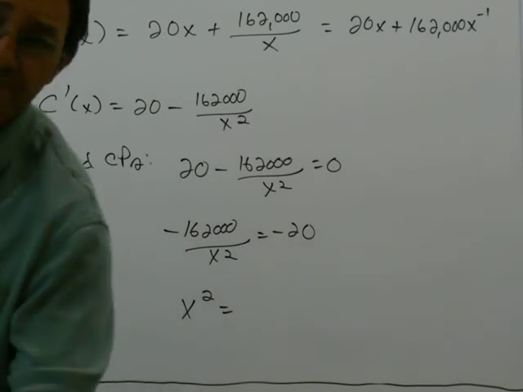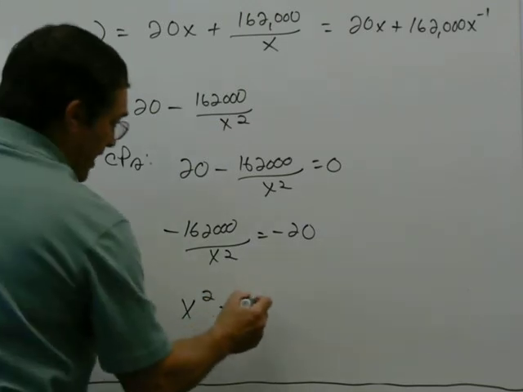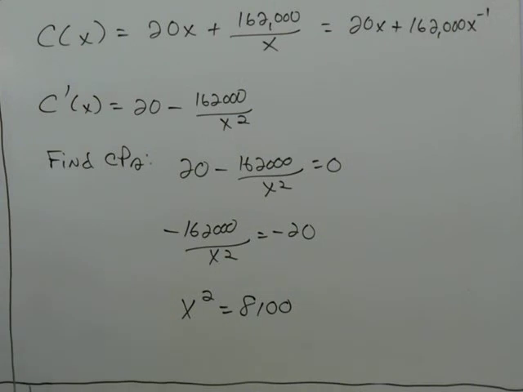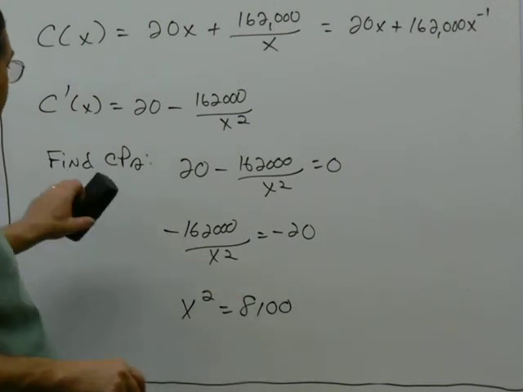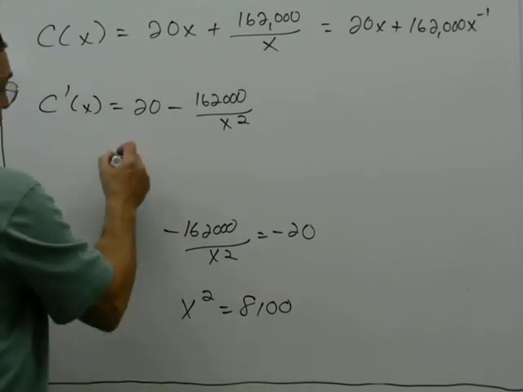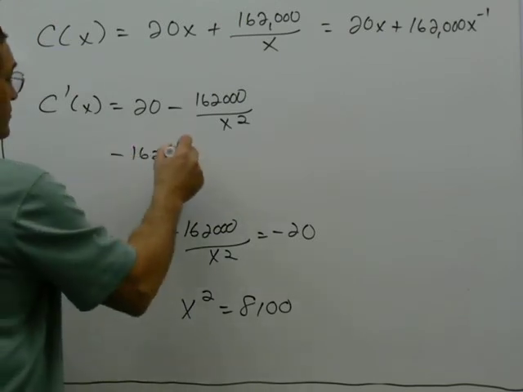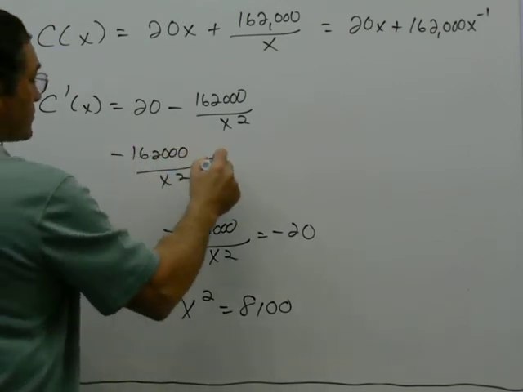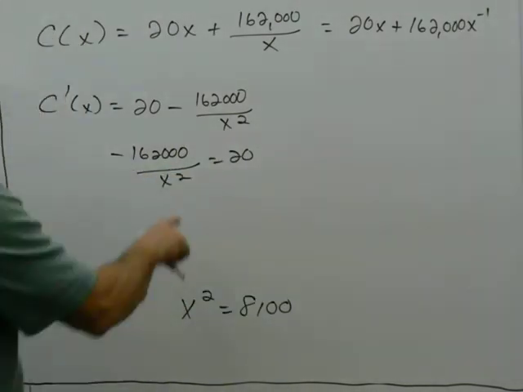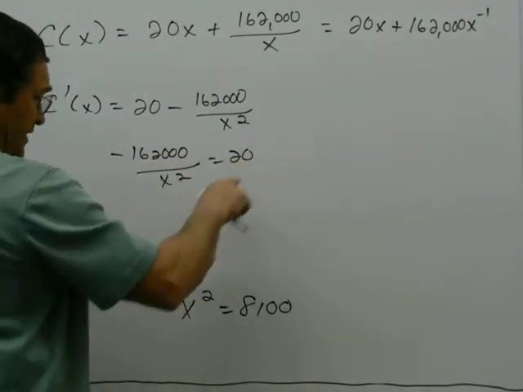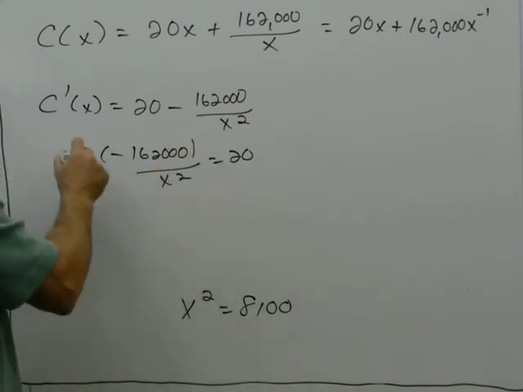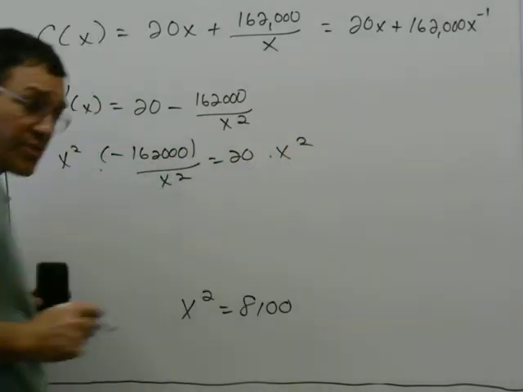It's 8,100. Now, I'm a little concerned that I lost some people going from this step to this step. Let me write this down and show you a few more steps. Here's what I did. You want the x squared to be at the top, so multiply both sides of this equation by x squared.